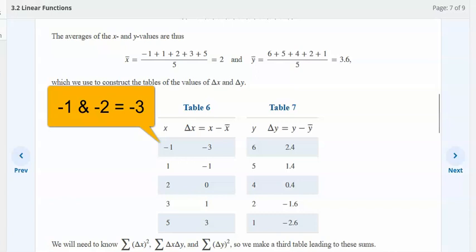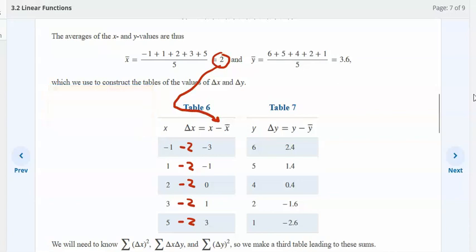And I'll show you that here. So there's the mean, 2, but it's minus this mean. So a minus 2 and a negative 2 is a negative 3. A 1 and a negative 2 is a negative 1, and so on.